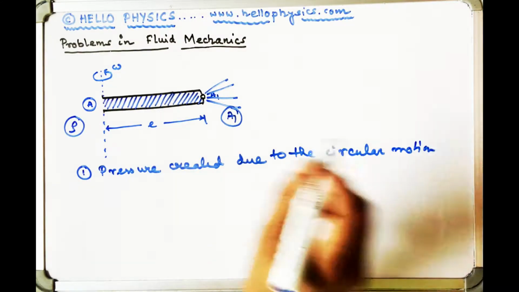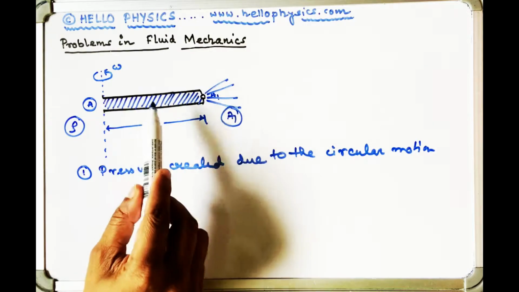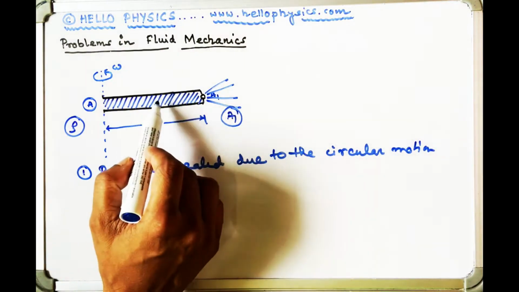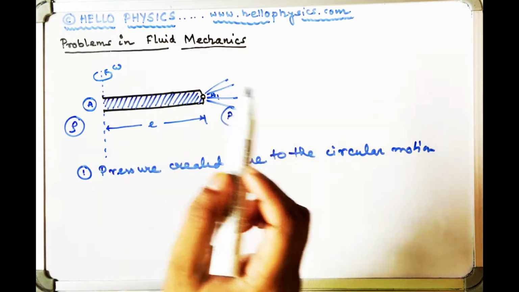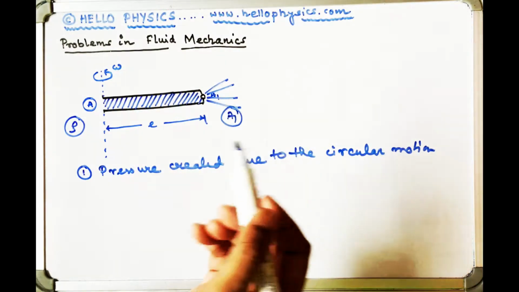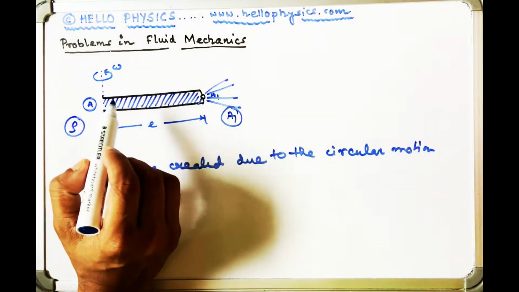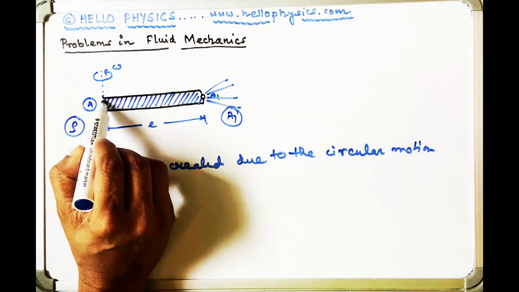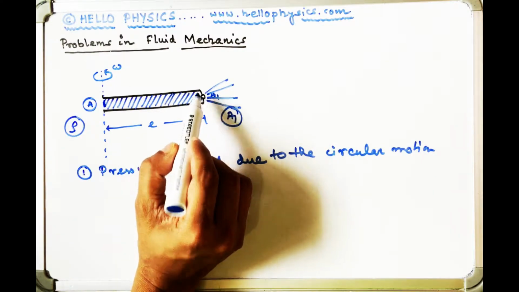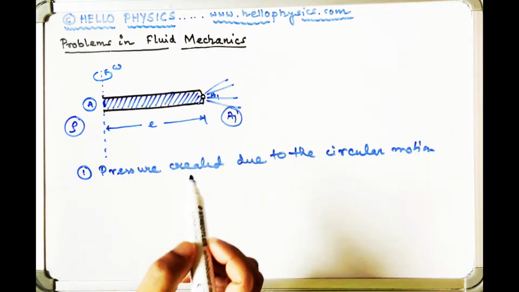You can understand that the centrifugal force acting on this liquid would provide a pressure onto this liquid. Basically, you have to find out what is the difference in pressure between the left end of the liquid and the right end of the liquid just before this hole.